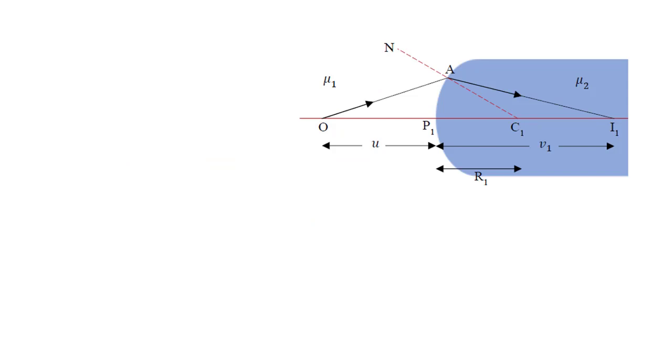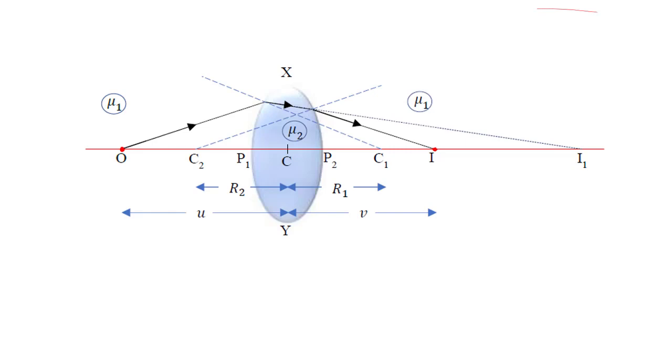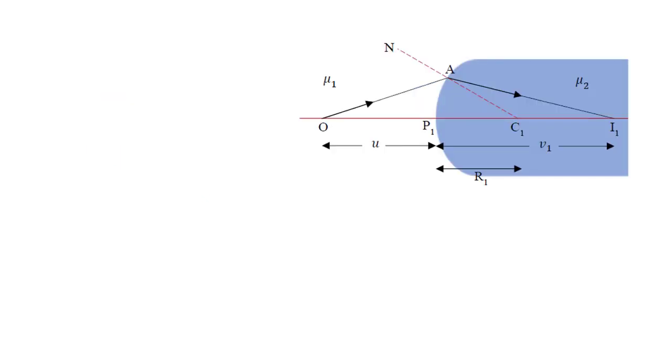First, we take this surface. We consider refraction at X P1 Y. This is X P1 Y, and this is the object, and this is the normal.